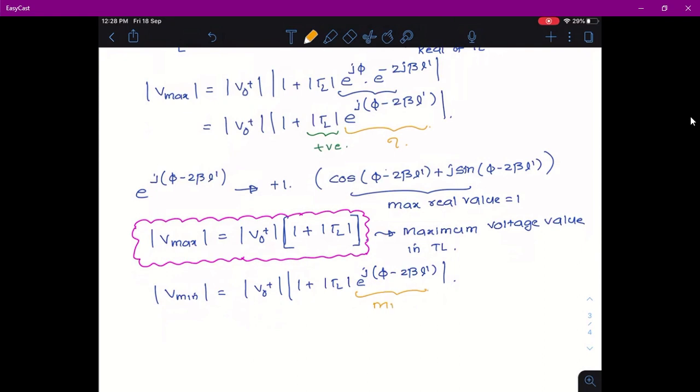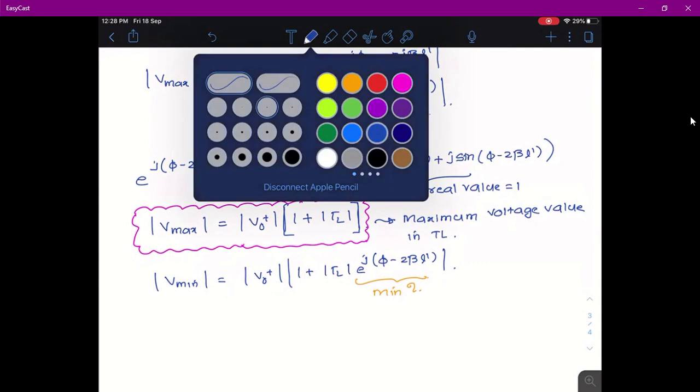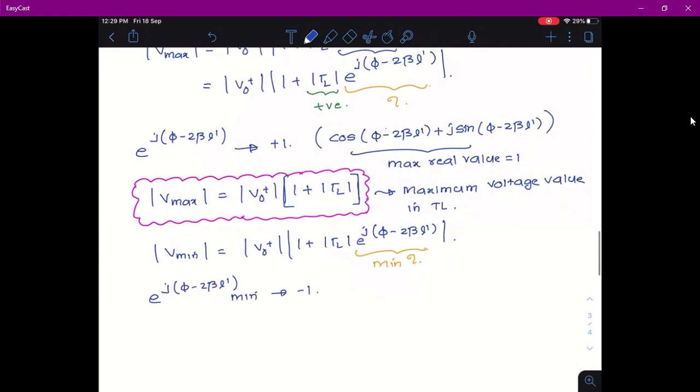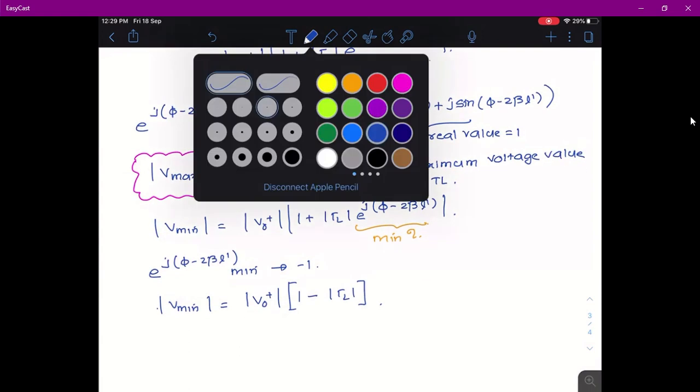What is the minimum value of this? We know the minimum value is minus 1. So, e raised to j(phi minus 2 beta L dash) at min is minus 1. So, we can say mod V min is equal to mod V0 plus into 1 minus mod tau_L. So, this is the minimum value.